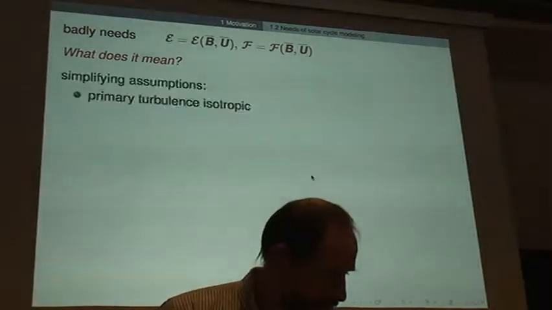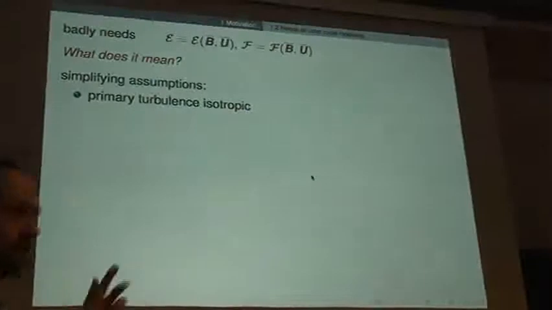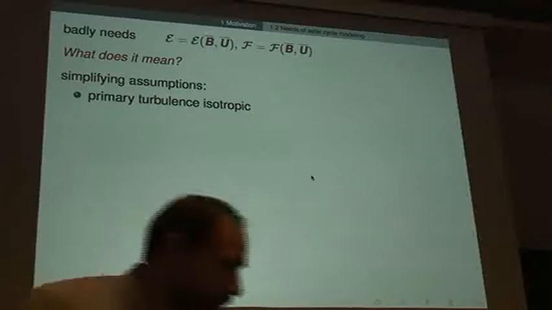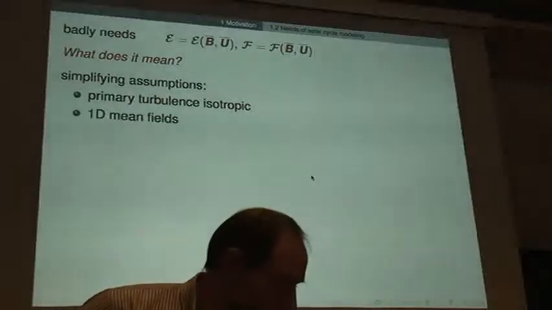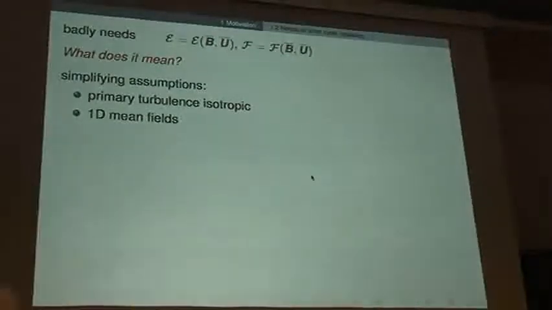For this purpose, I want to make, for the moment only, a few simplifying assumptions. Let us assume a primary turbulence which is isotropic. Then consider only mean fields which are 1D, so we have averages over two spatial dimensions.